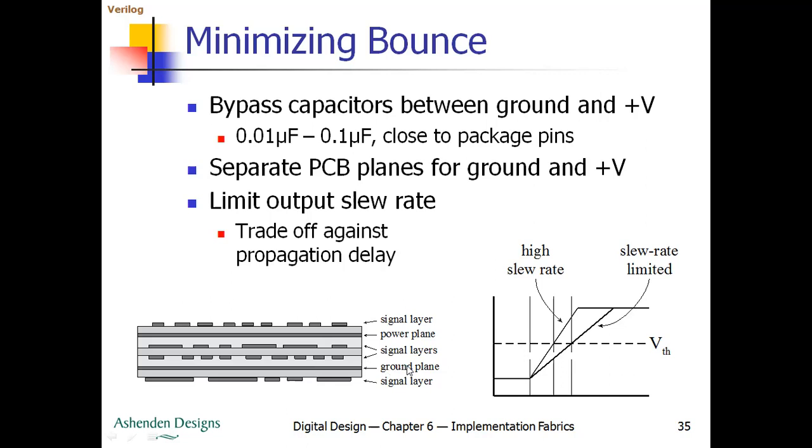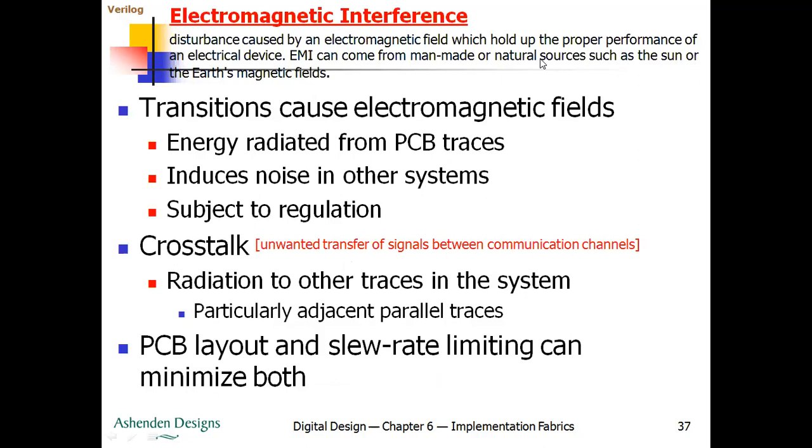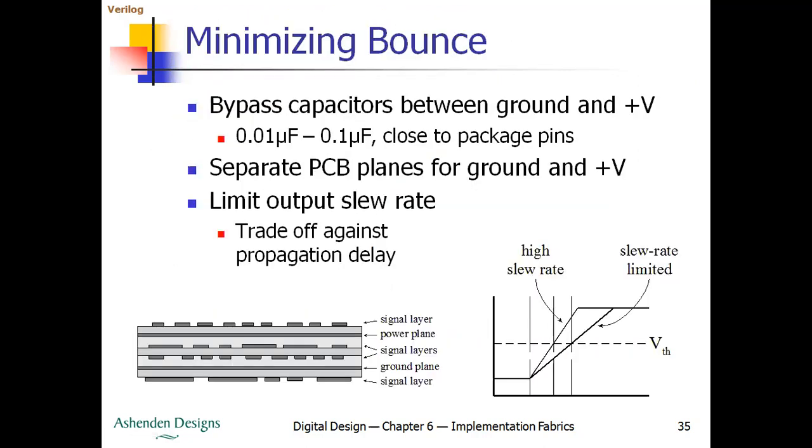Or I can go for the third option, where I limit the output slew rate. This occurs when the rise time is comparable with the path delay. So the minimization of ground bounce is over.